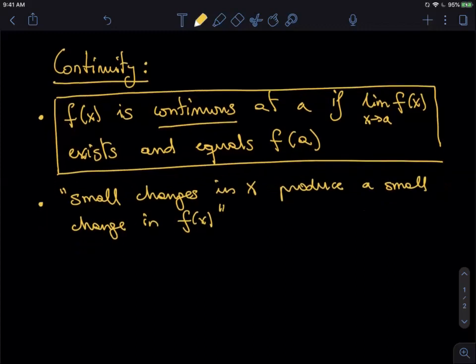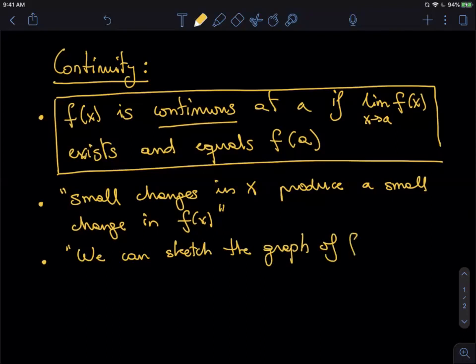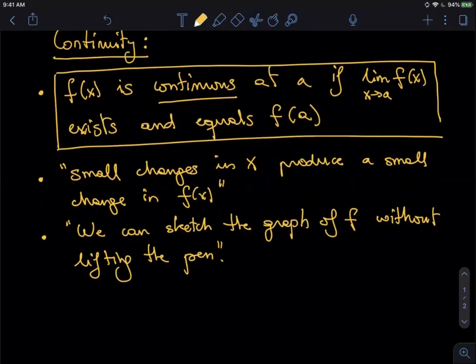If there is a small error in the input, then there will be a small error in the output. Another way we can think about it, more graphical, is if we can sketch the graph of f without lifting the pen. So these are the three ways we will be thinking about continuity.